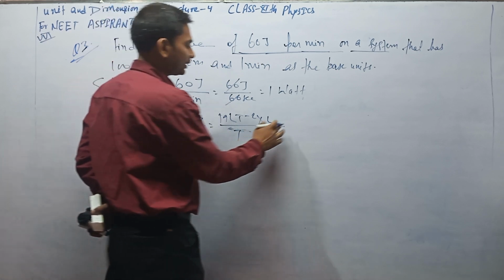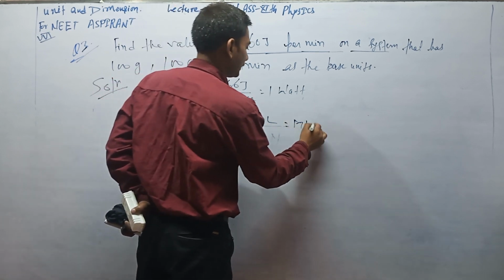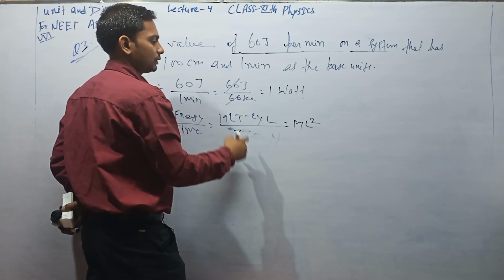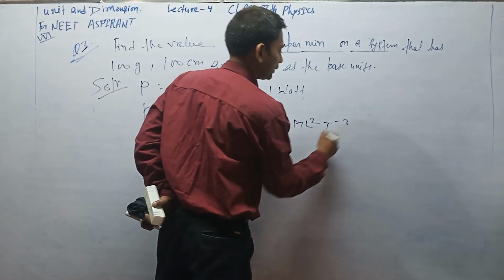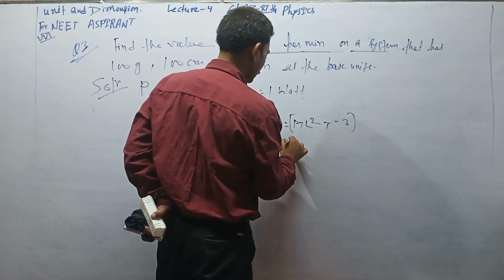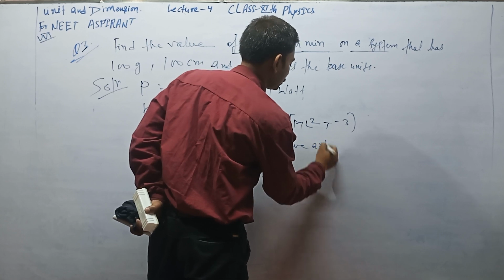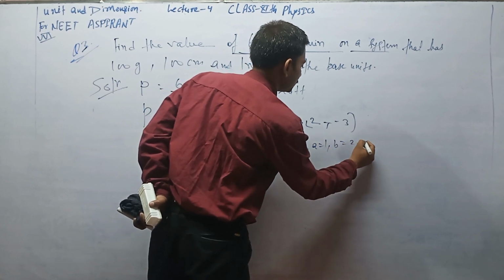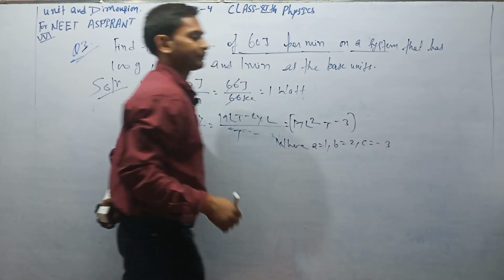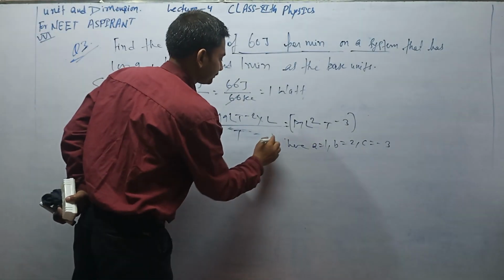So now I will calculate it. M L square t minus 3, where A equals 1, B equals 2, C equals minus 3.